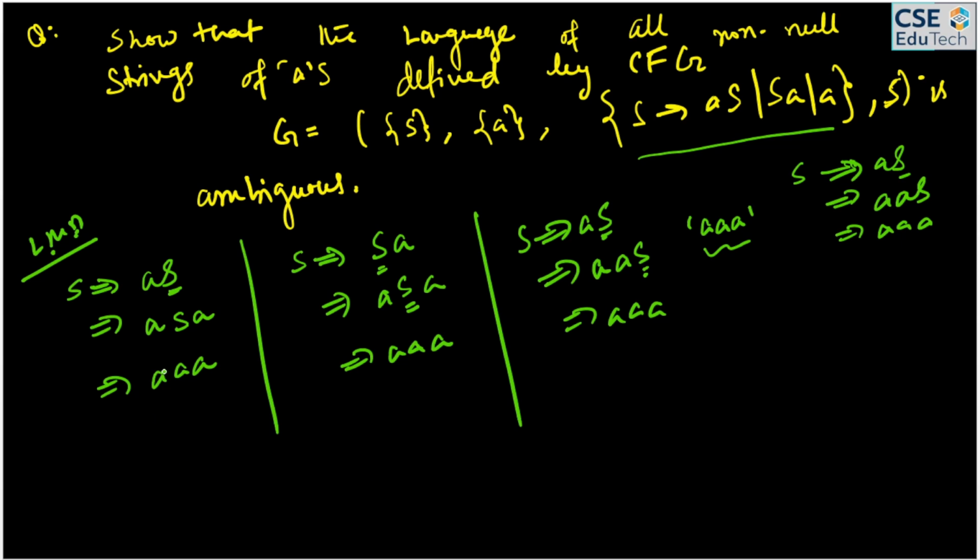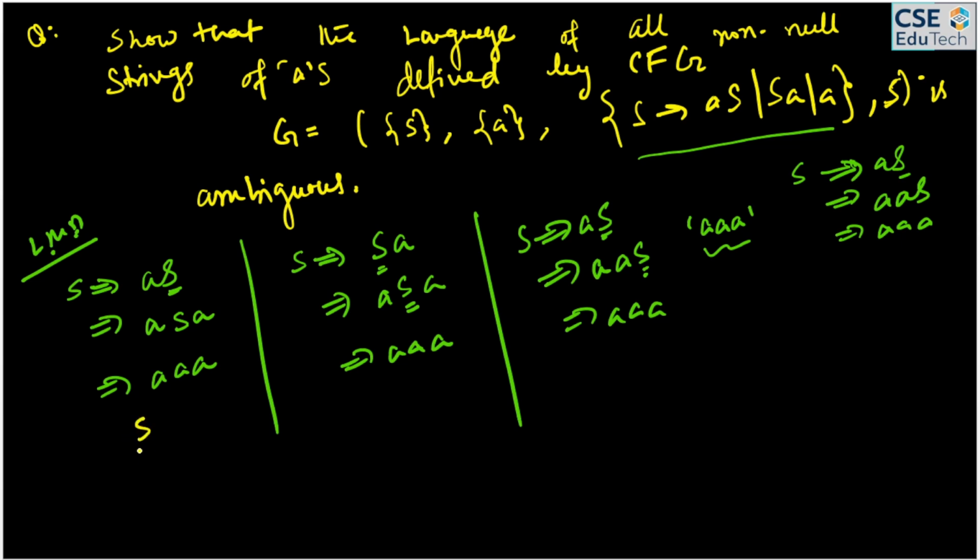So for the same string triple A, we have obtained three different, or three distinct, leftmost derivations.